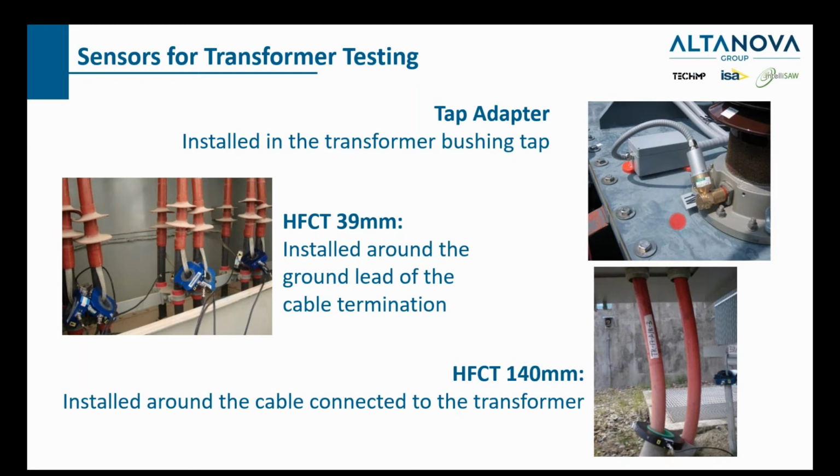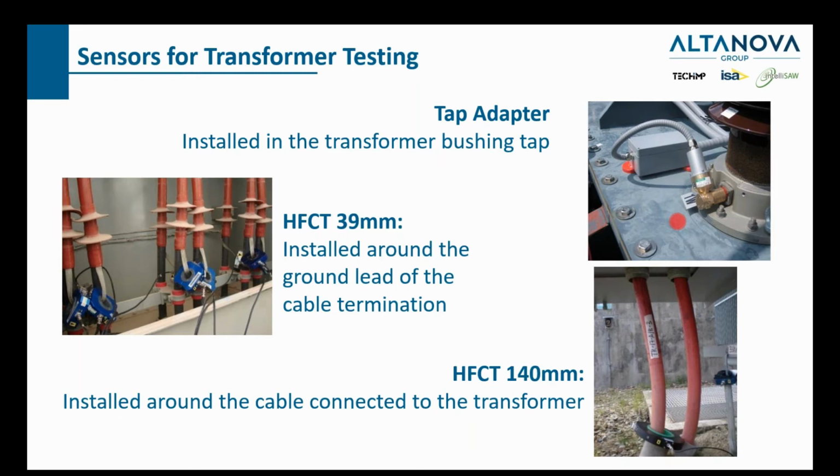So the benefit of using the tap adapter is, first, it can measure partial discharge, of course. Second, because it's a tap adapter, it can measure the capacitance of the bushing. So it can monitor the change of capacitance of the bushing. And third, using the capacitance value and the measured voltage value within the bushing, it can also measure the change of tan delta, the dielectric loss of the bushing.